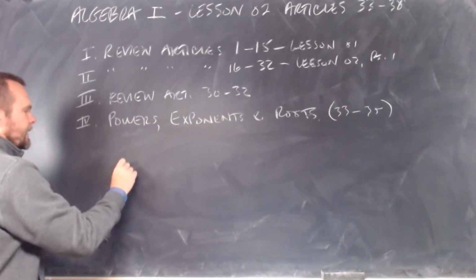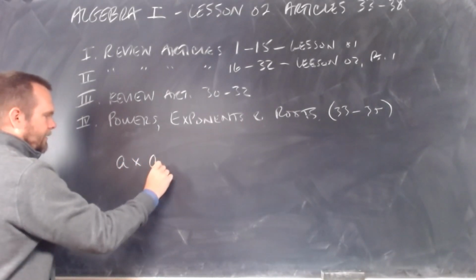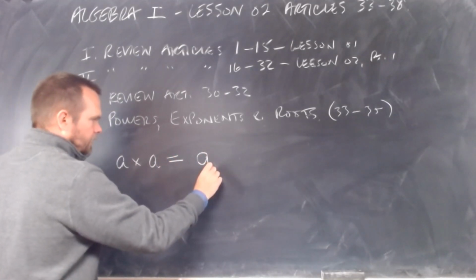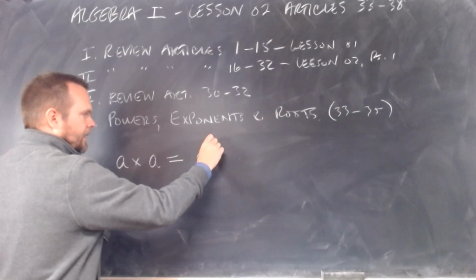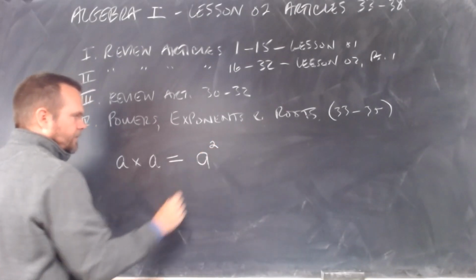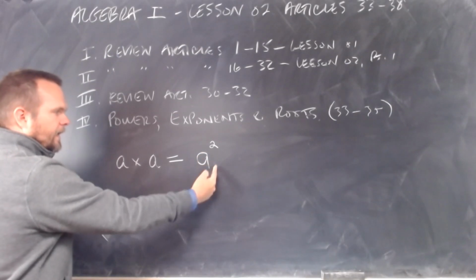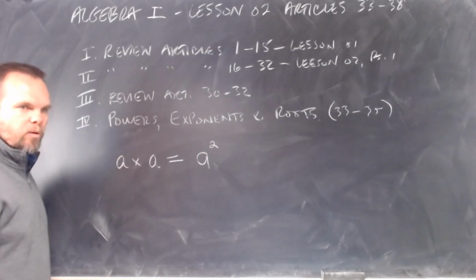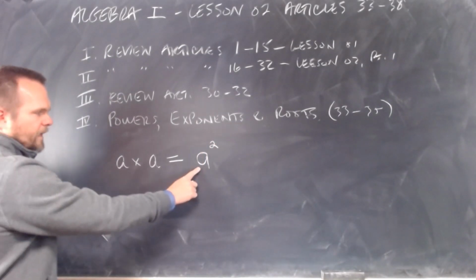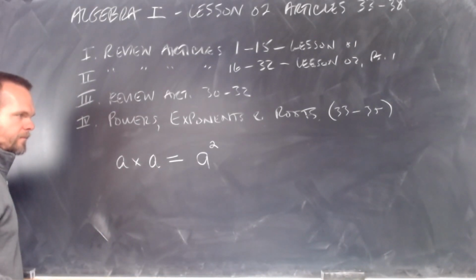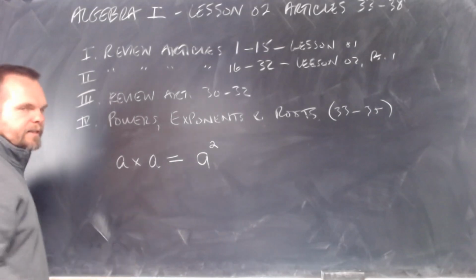So if I had A times A equals A, and I could write an exponent like this, it's written a little smaller to the right and above the quantity. This expression means this: A taken twice as a factor.